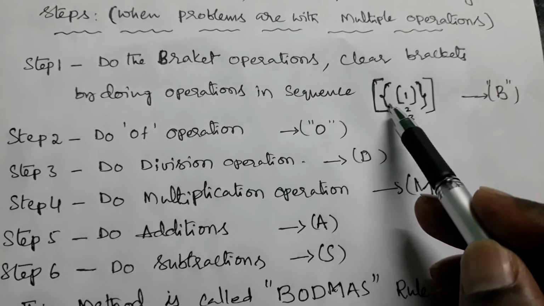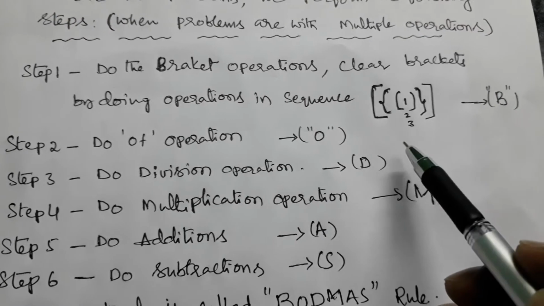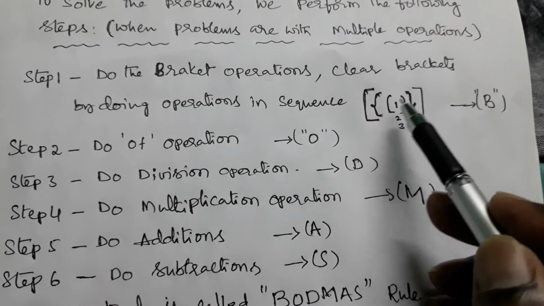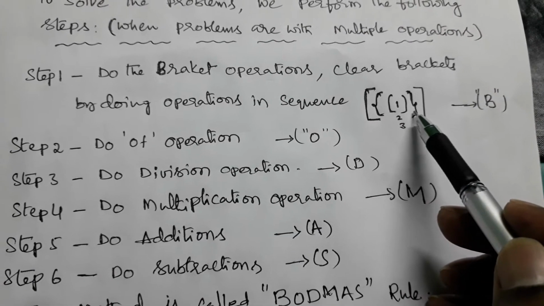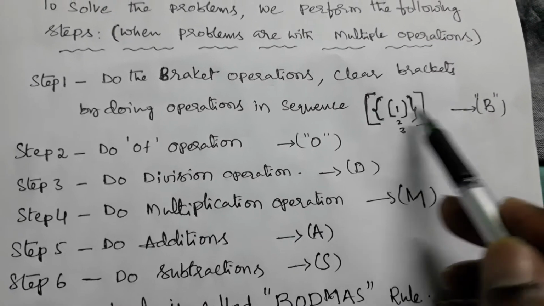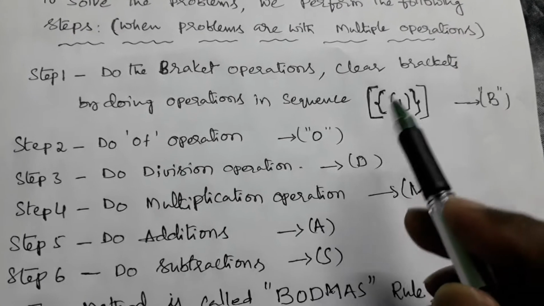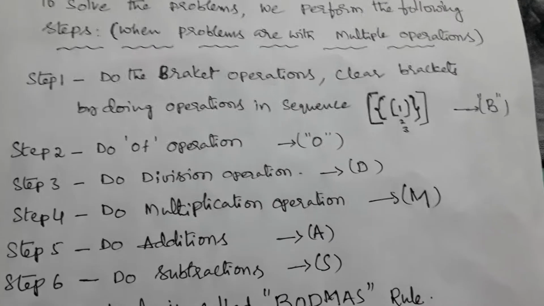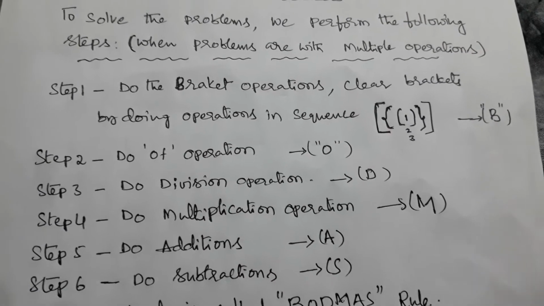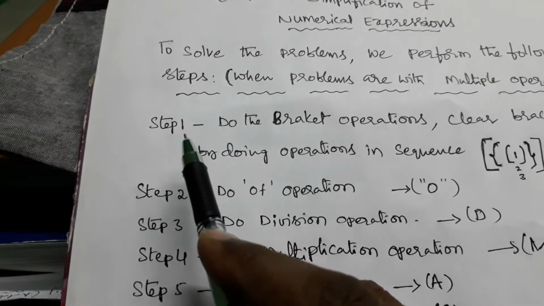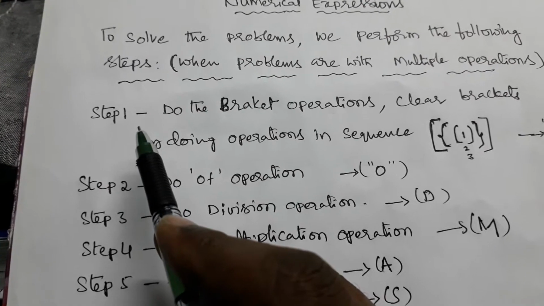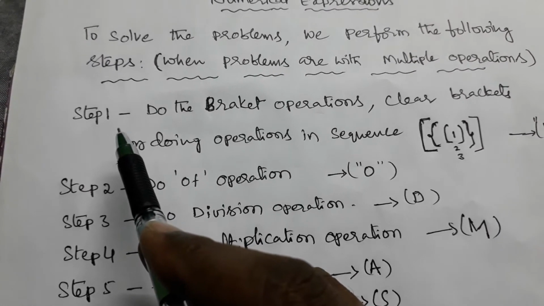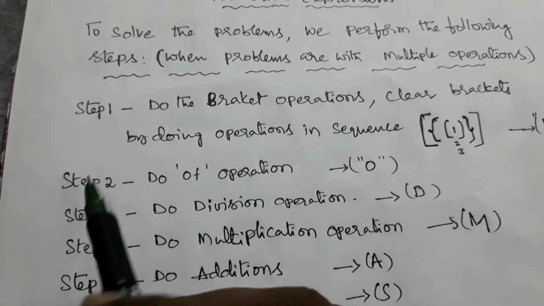That result comes into the flower bracket, then solve the flower bracket, and after solving, the result comes into the square bracket. Then you have to solve the square bracket. This is the order of solving brackets. So step 1 is solving brackets. In case a problem is given with brackets, solve the brackets in this order.